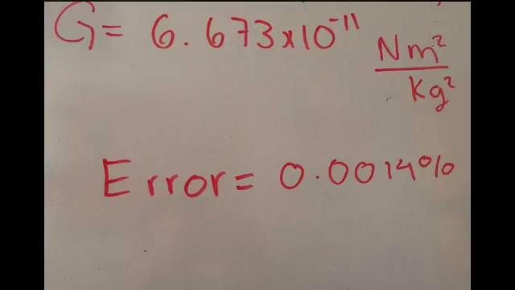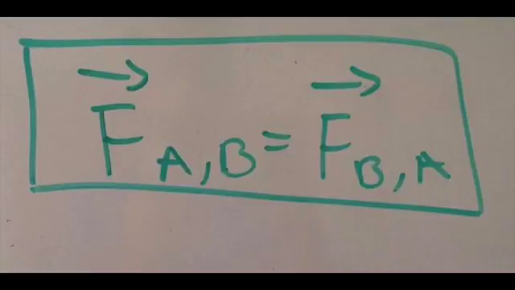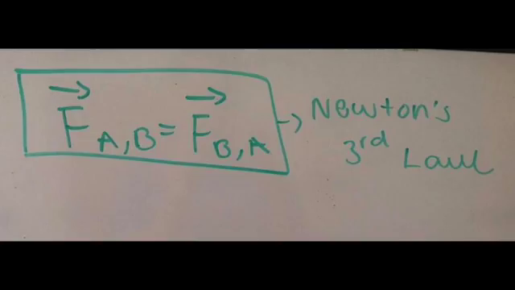That will be the correct term. We can conclude here that the force of A on B is going to be the same as minus the force of B exerted on A. So it's related with Newton's third law, action-reaction.